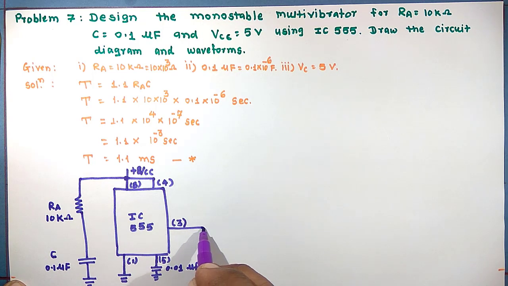So this is the monostable multivibrator circuit. Here we will get output.